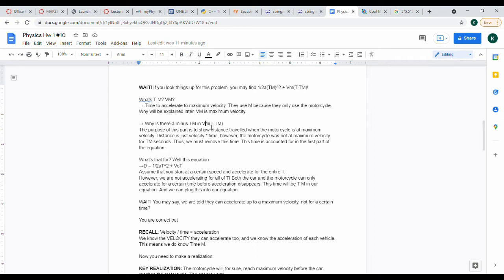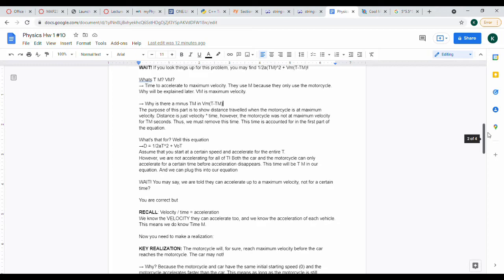For a certain period of time that we're accelerating, which we're going to call T of m, we are not going at maximum velocity, so we cannot count that time in here. So that's why we have minus T of m. And the distance that we traveled while accelerating is accounted for in this 1/2 A T of m squared. Why that's the case, you have to review kinematics.